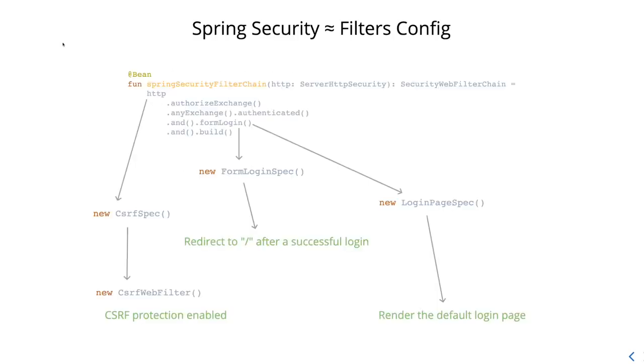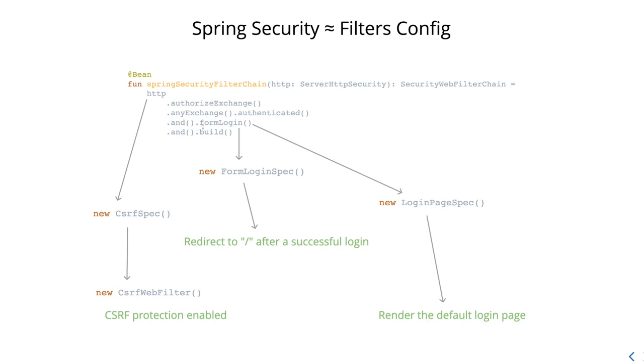Speaking of the configuration, there is this Fluent API whose sole purpose is to configure the filter chain. For example, if you debug the HTTP object implementation, you will find out that the CSRF protection is indeed enabled by default.